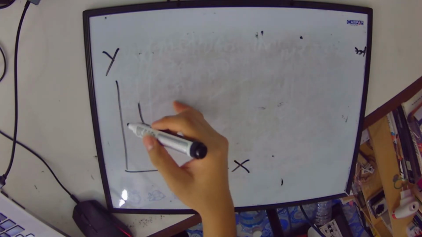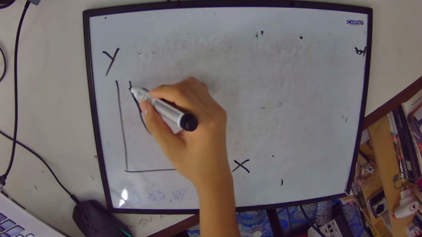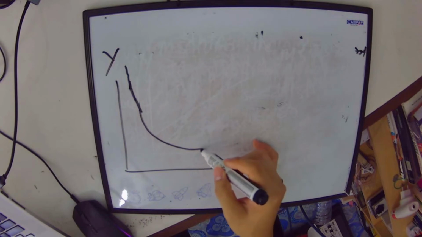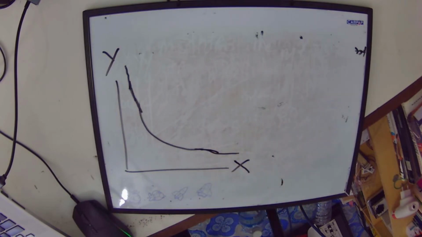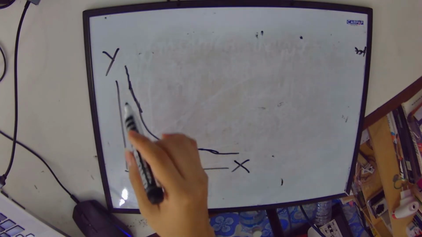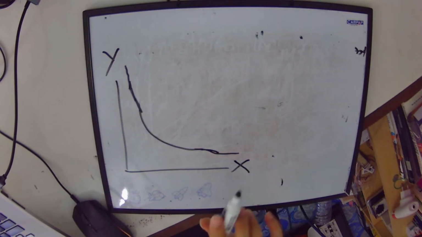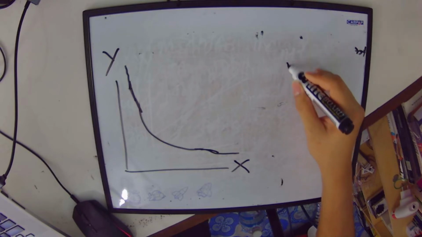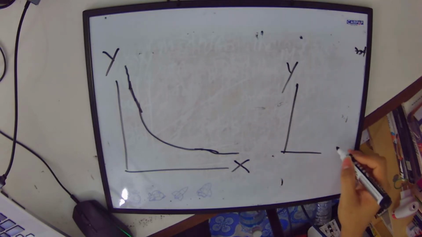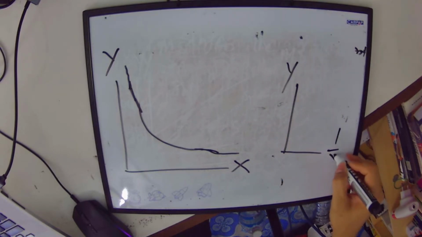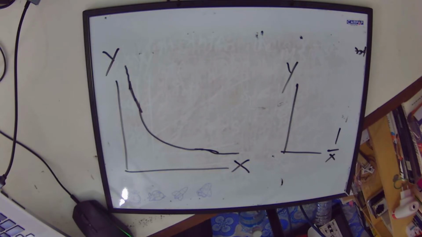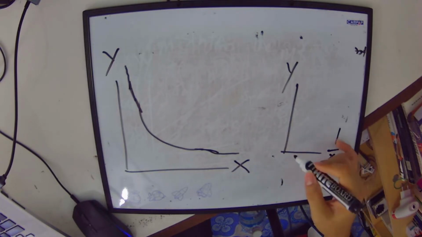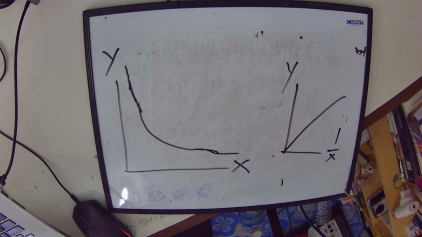Dan tidak pernah akan sentuh axis. Dia akan semakin hampir tetapi tidak pernah akan sentuh. So usually, kalau kamu nampak dia begini, kamu cuba tukar itu graph supaya graph dia ialah y. Instead of using x, we use 1 over x. Usually, if we do that, then tiba-tiba itu graph jadi lurus seperti itu.